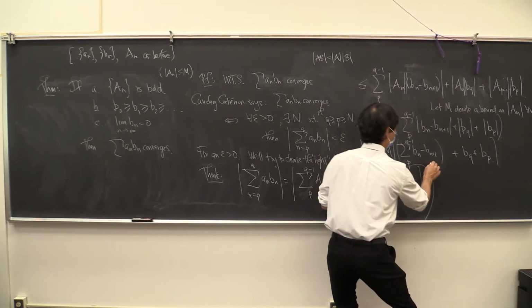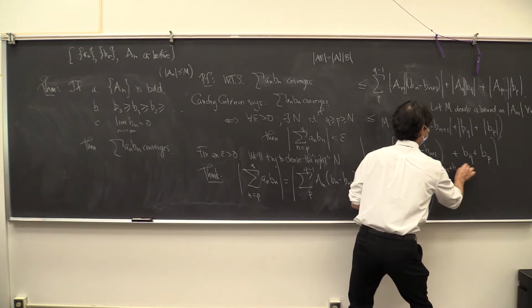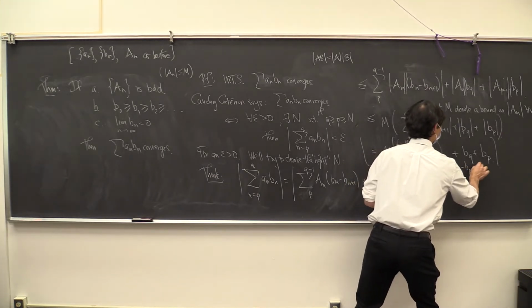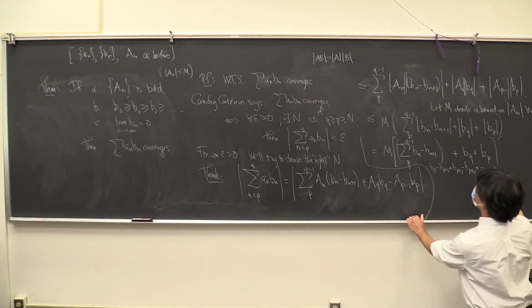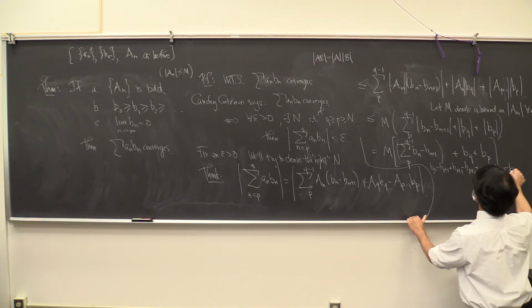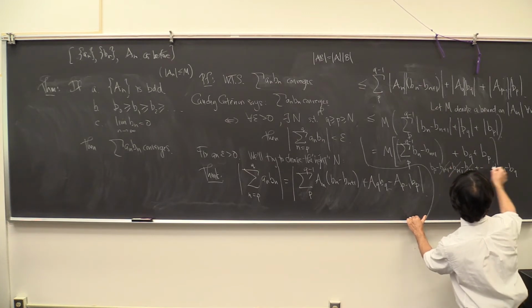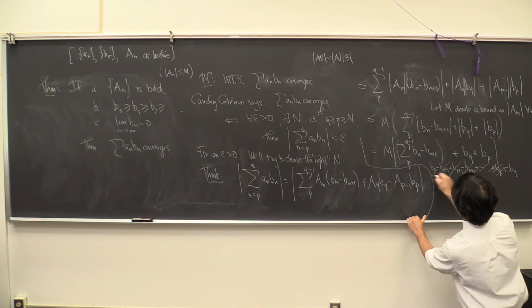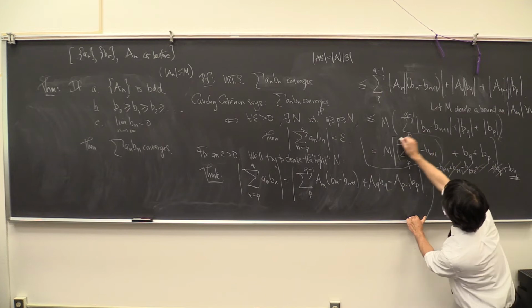This is going to be b sub p minus b sub p plus 1 plus b sub p plus 1 minus b sub p plus 2 plus, etc. And then the very last term is going to be b sub q minus 1 minus b sub q. And then all these terms in the middle cancel each other out. I'm just left with b sub p minus b sub q. So that's this thing here.